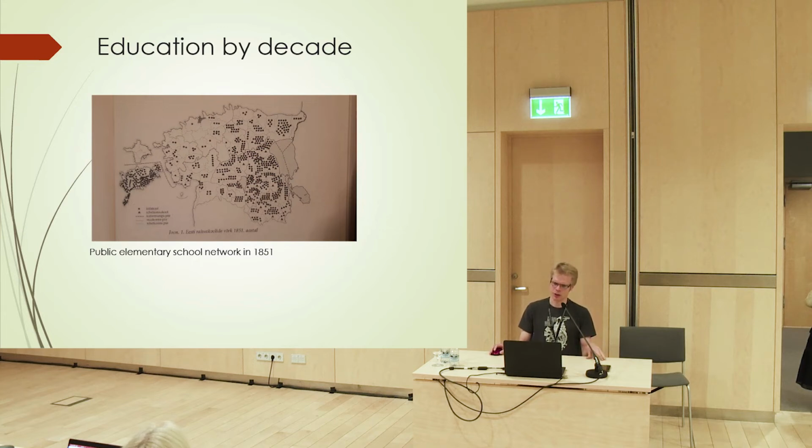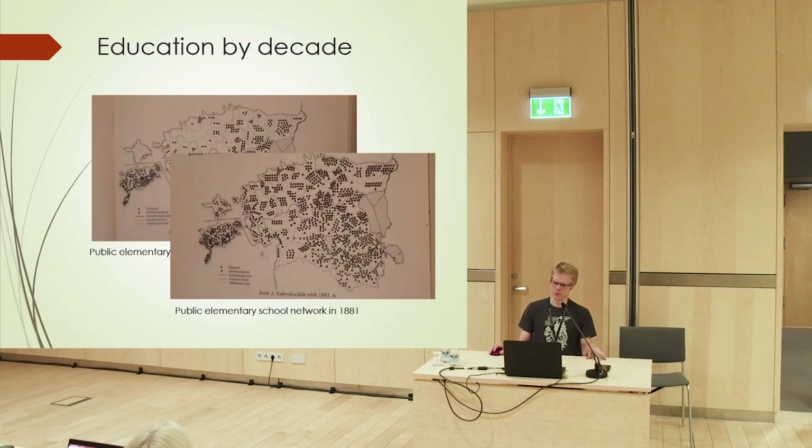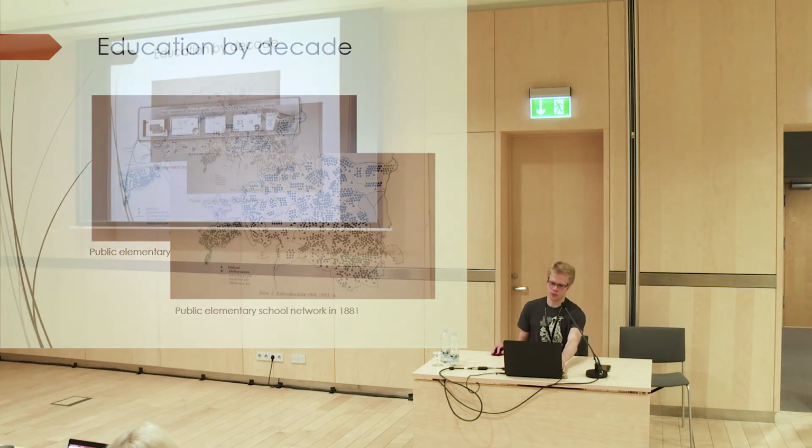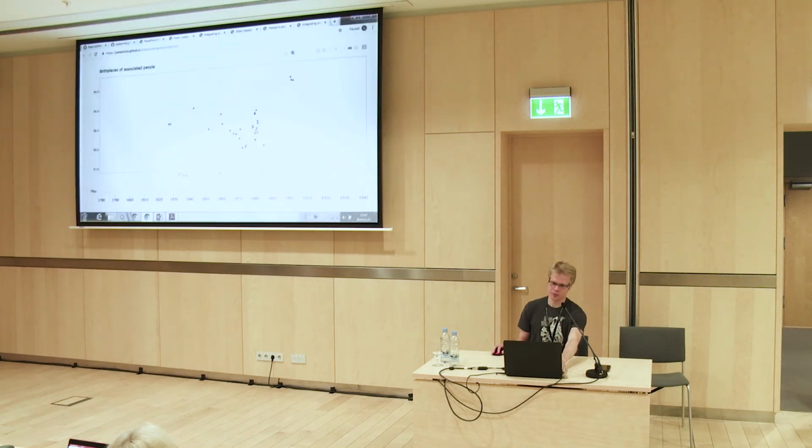And in the south you have many more of them in 1851, while in the north it's still rare, while in 1881 it has become balanced out. So you have public schools everywhere across Estonia then. Which makes sense for this data, because at the time when you don't have many public schools, you also wouldn't get many people involved in publishing in the north.